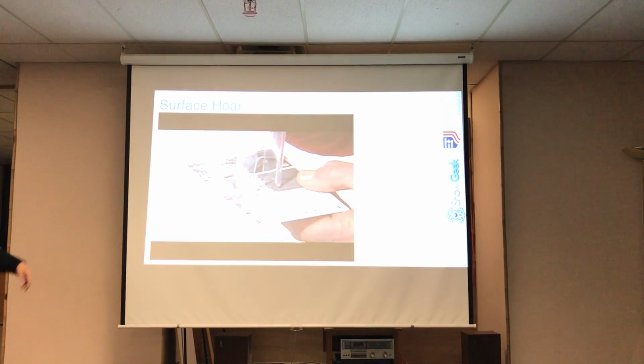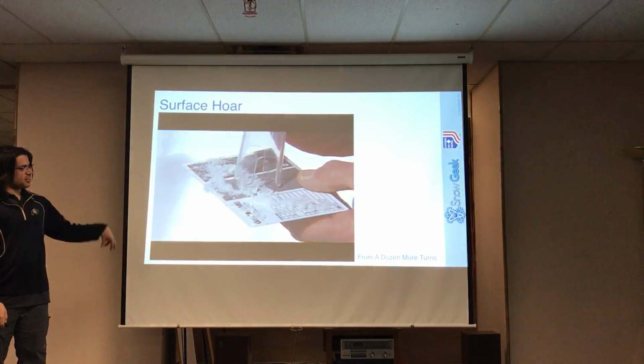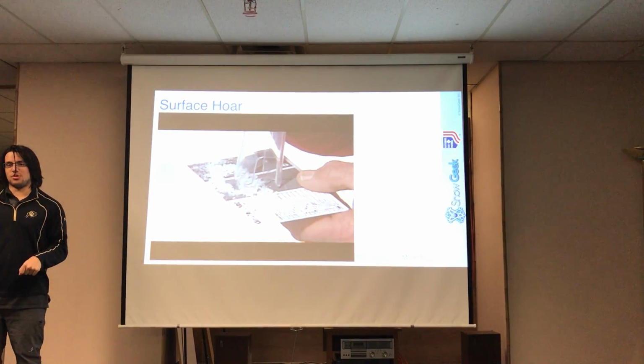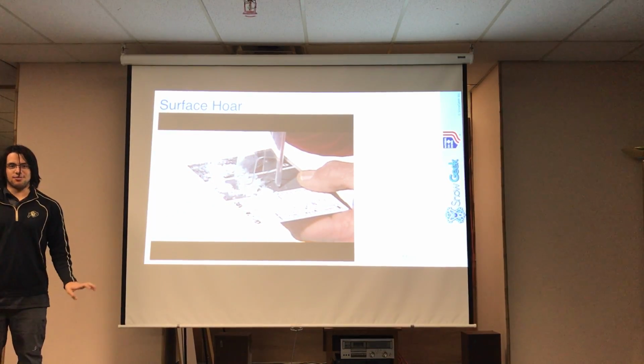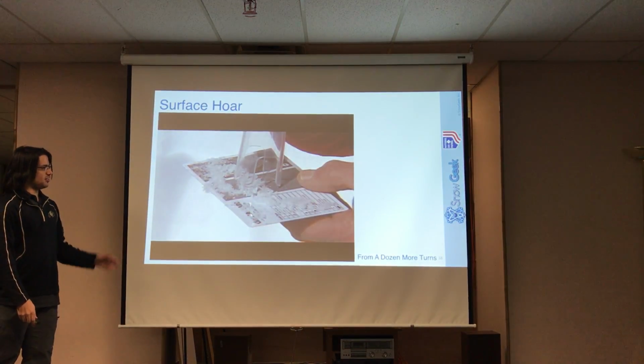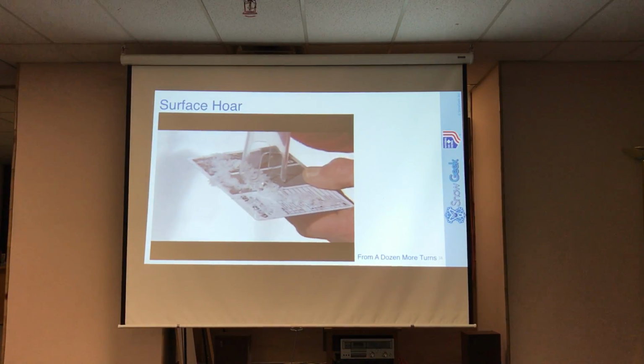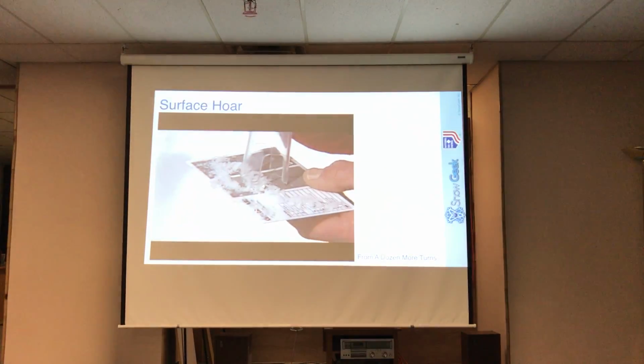This is Ron Johnson of the Gallatin National Forest. This is an excerpt of a video from A Dozen More Turns. It is a fantastic video that you should watch. Tragic accident. And this is Ron Johnson talking about surface hoar. Surface hoar, as the name implies, forms on the snow surface.